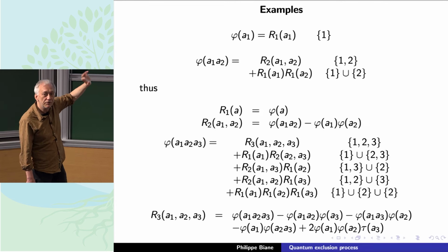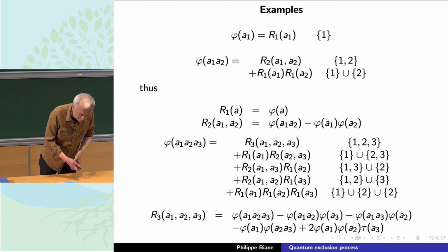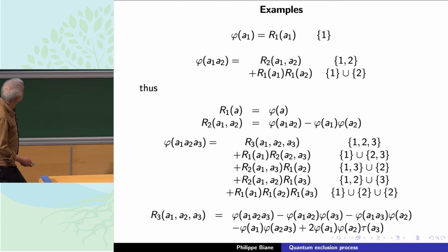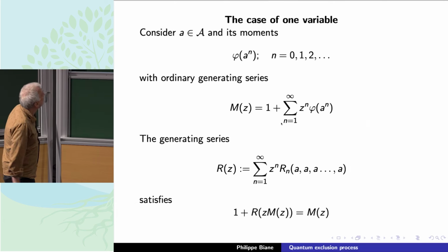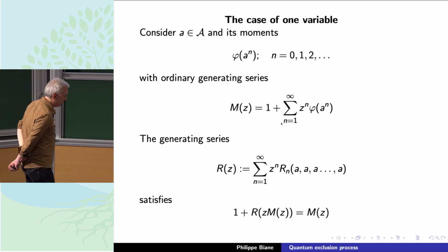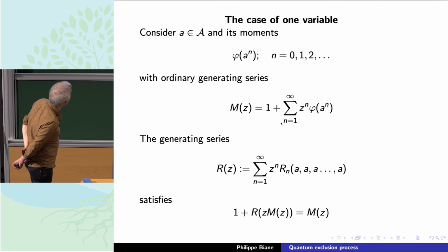So the order in which you take the product, for example A1, A2, A3 here, is important. In particular, even if the elements of A commute, R is not a symmetric function of the A. That's an important remark.